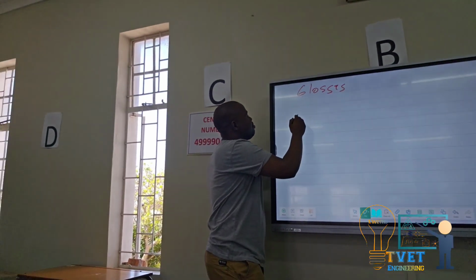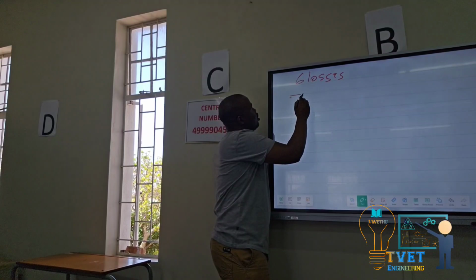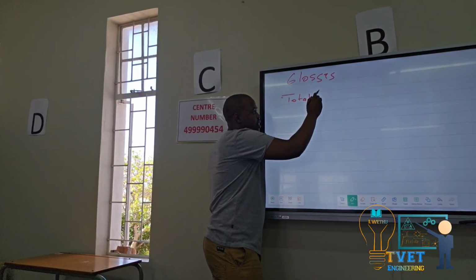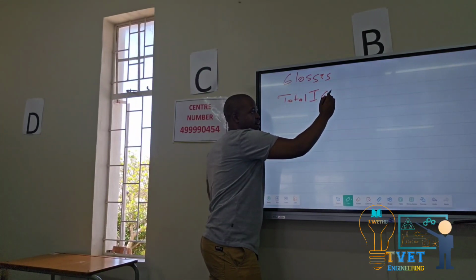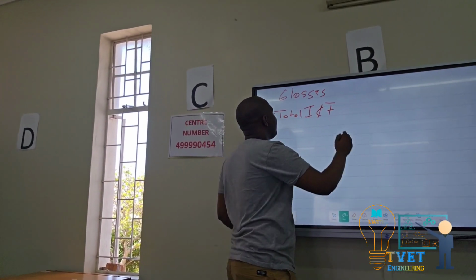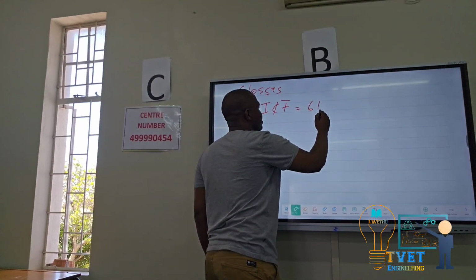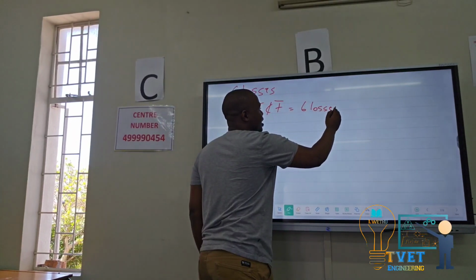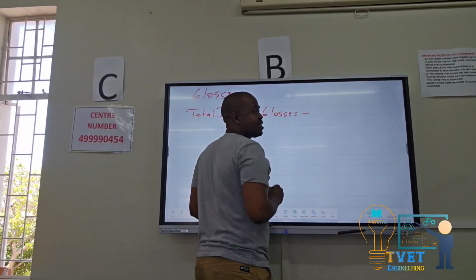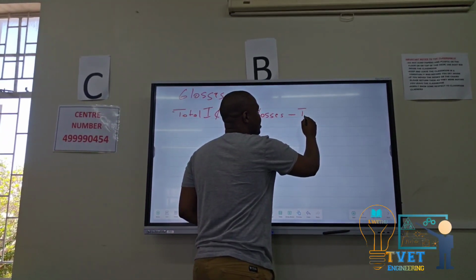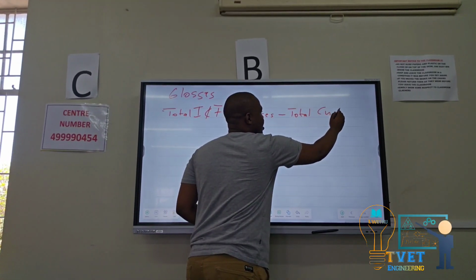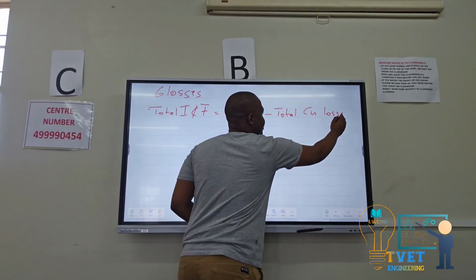So basically the total iron and friction loss is equal to these 6 losses minus the total copper losses.